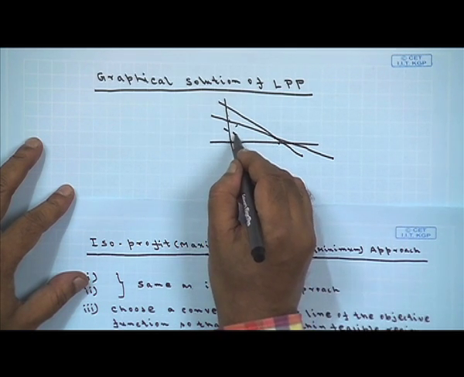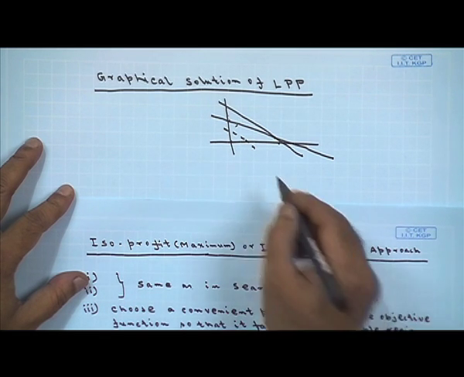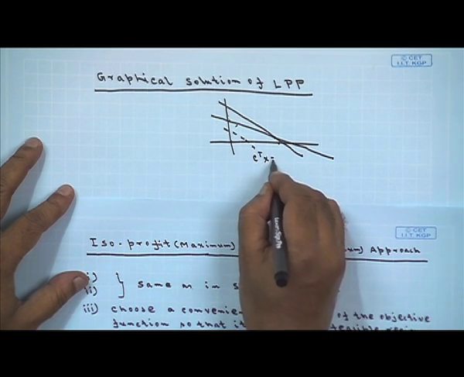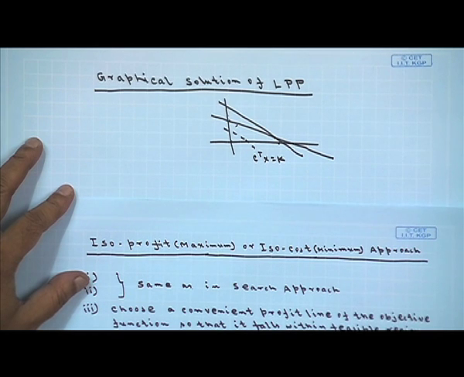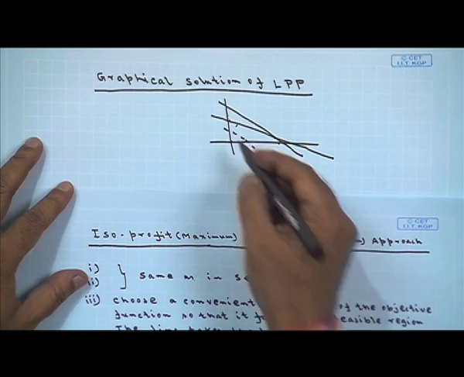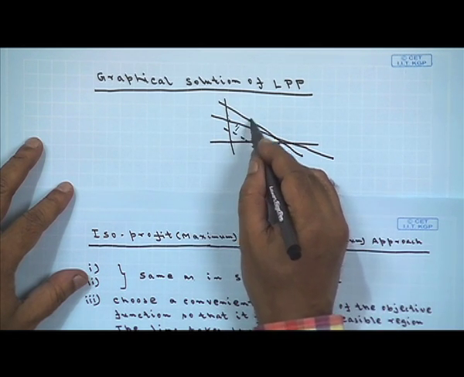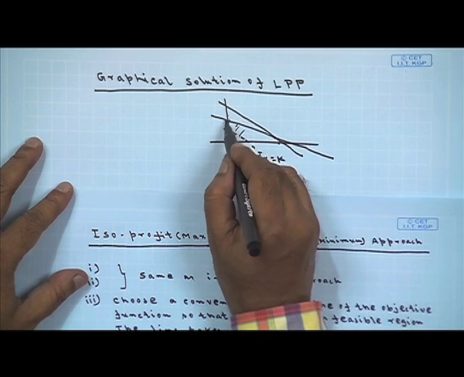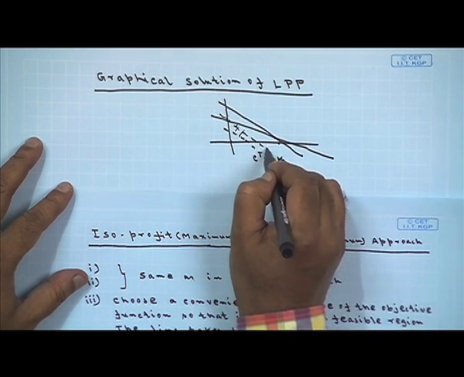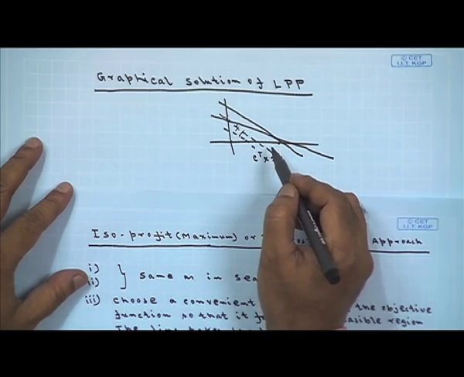I may draw any line like this by using C transpose x equals k. Once I am doing the C transpose x equals k, then since it is a profit function, move this line away so that at some place maybe it will be like this, I will be finding the solution.